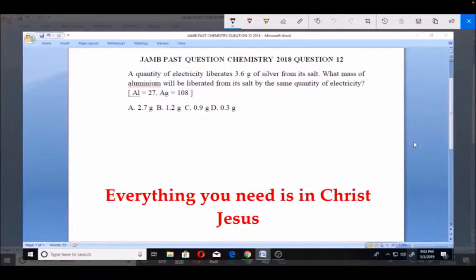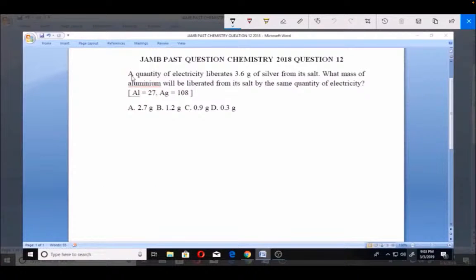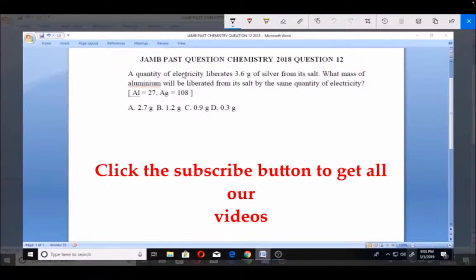Hello, welcome. Let's look at question number 12 for JAMB past question chemistry 2018. A quantity of electricity liberates 3.6 grams of silver from its salt.